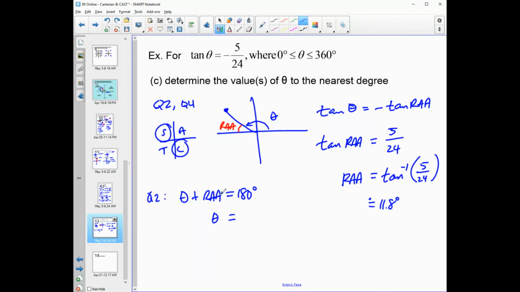Most people don't write it that way. Most people very quickly learn to recognize that that's the same as saying theta is 180 degrees minus the related acute angle, which in this case means theta is approximately 180 degrees minus 11.8 degrees, and that's equal to 168.2 degrees.